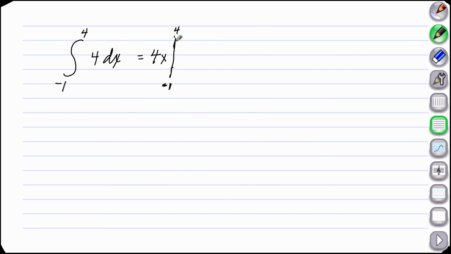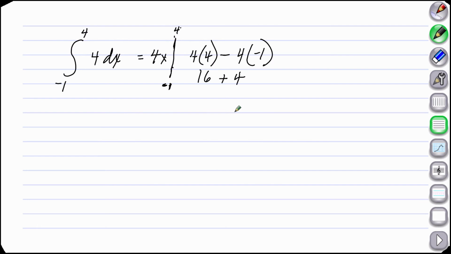So I put a 4 in here. This is going to be 4 times 4. I'm replacing this x with a 4. Minus, and then it's going to be 4 times, instead of x, it's going to be -1. And then I'm just going to calculate 16 minus, well, a negative times a negative is a positive. So that'd be plus 4.